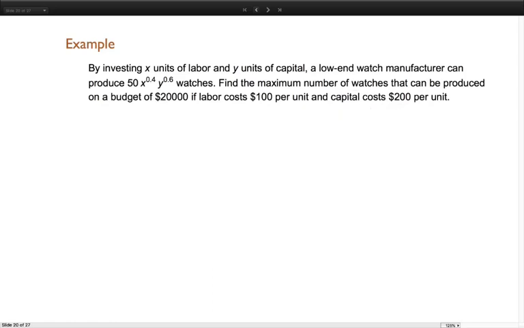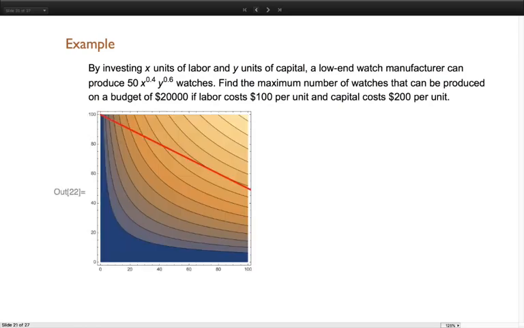And we'll check that with good old Mathematica here, including a nice picture of what's going on. What we see here is the constraint line, the budget line, which is literally a line. The sum has to be 20,000 here, and behind here, the colorful graph, are the level curves of the Cobb-Douglas function.